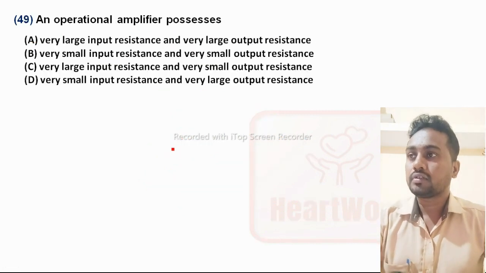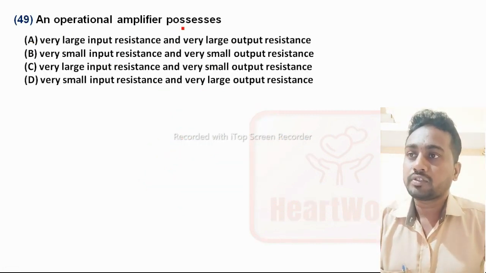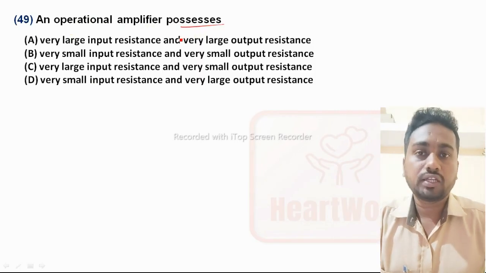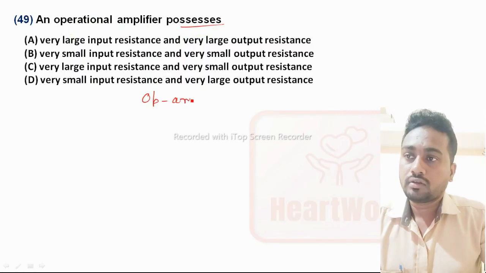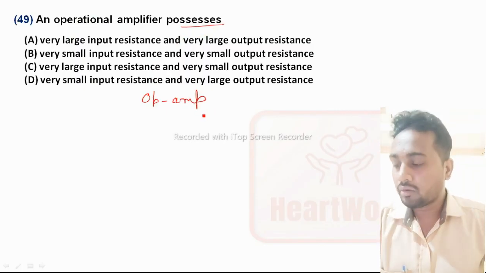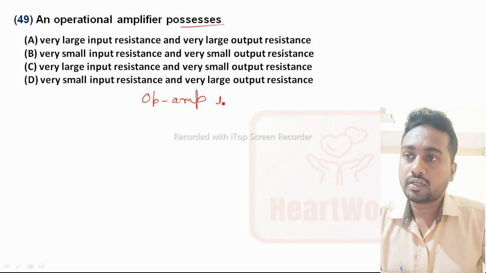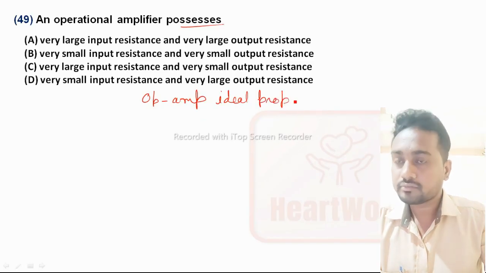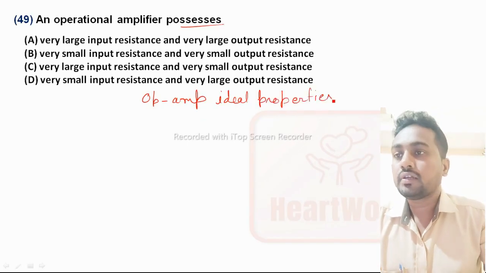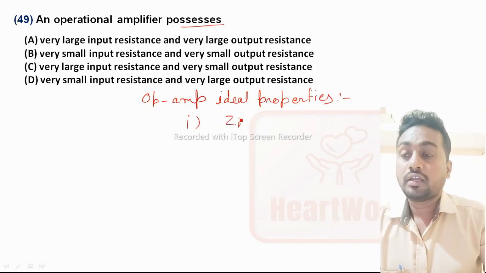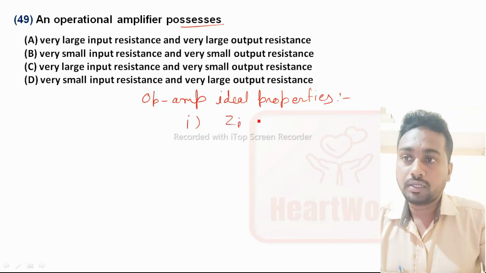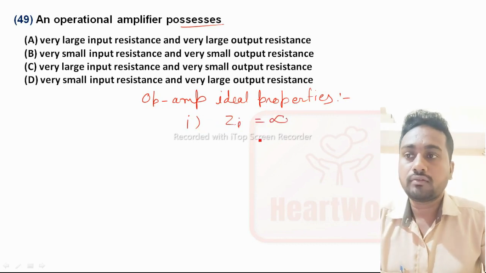Okay, next, an operational amplifier possesses... Operational amplifier means op amp, as we can write in short. There are some ideal properties of an op amp. Always remember: input impedance is infinity or always high.